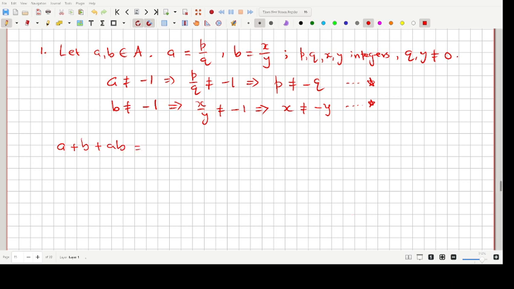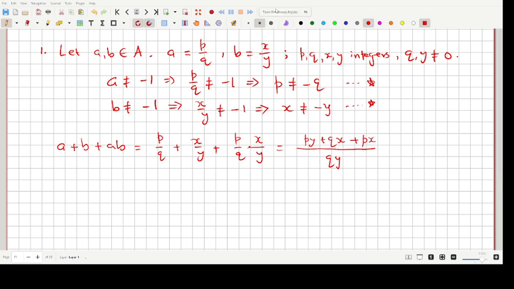Well, we do have the rational descriptions of these particular numbers, a and b, and maybe it's the best to write them down here. So p upon q plus x upon y plus p upon q multiplied by x upon y, right? Okay, now as you can see that we can take the LCM as qy, and the first term will become py, the second term will be qx, and the third term will be px, right?